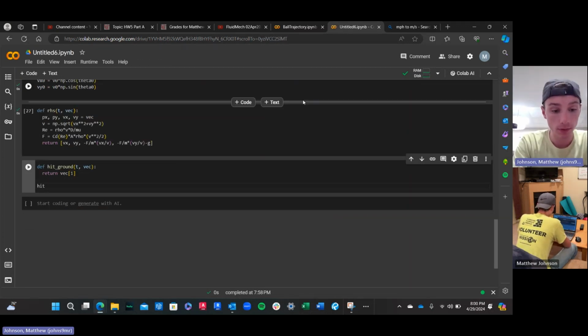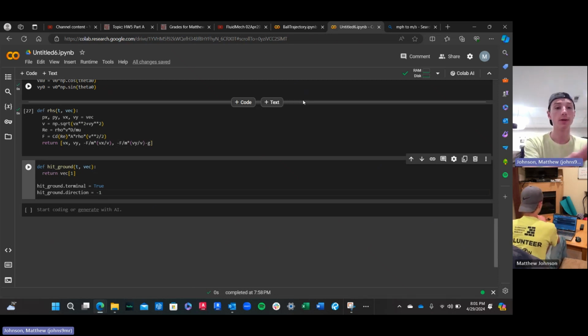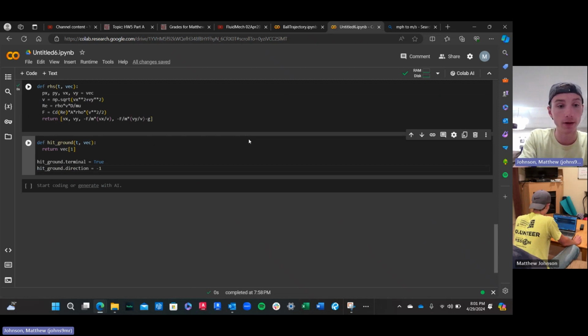Okay, next we'll need this in here. And that hit ground dot direction is -1 because when the ball's traveling back down to the ground, it'll be going from positive to a negative value for y, right?